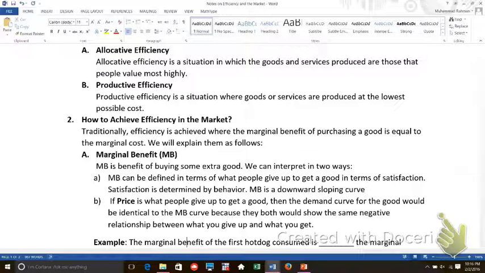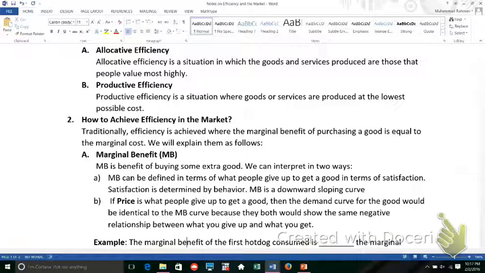So let's say you have two goods that you can buy, and you are buying one of them, which means that you are literally giving up buying the other good. So when you are buying good A, you are giving up the satisfaction of buying good B. So marginal benefit really captures how much satisfaction you are giving up in terms of not buying the other good.